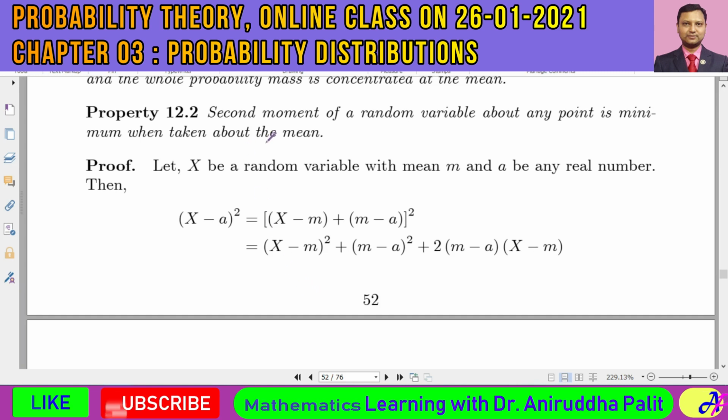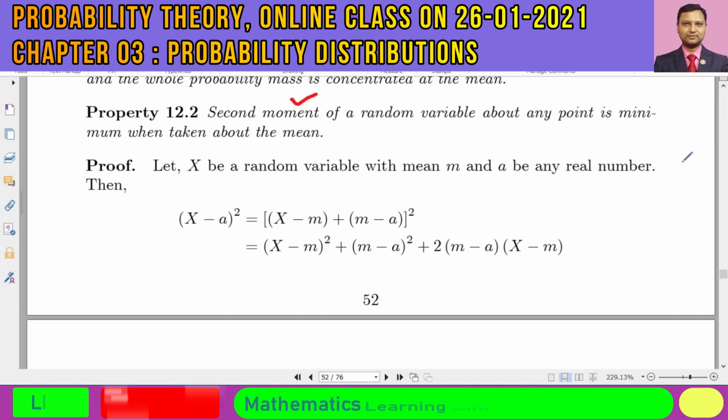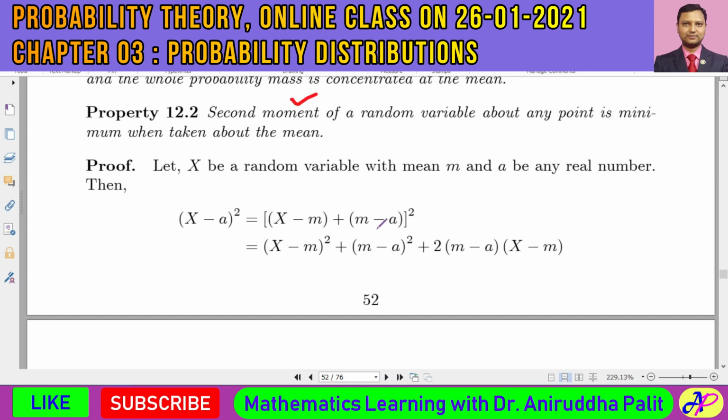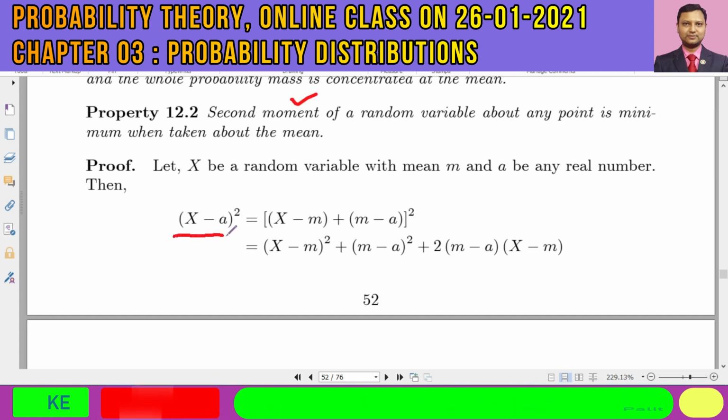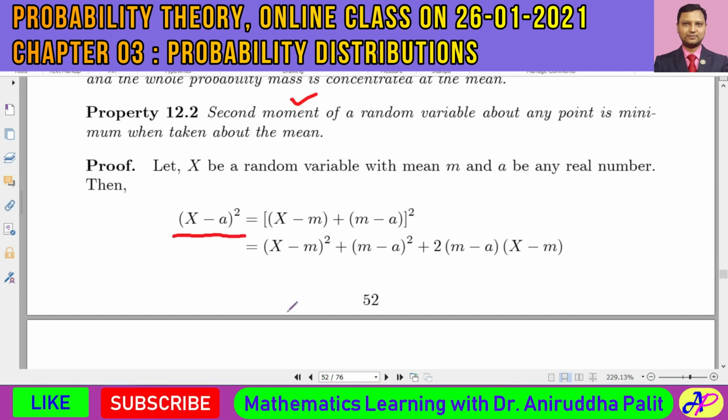This is also an important result: the second moment of a random variable about any point is minimum when taken about the mean. That means the second moment, the expectation of x minus a whole square. Got it?